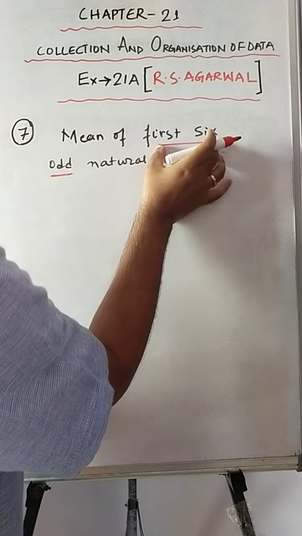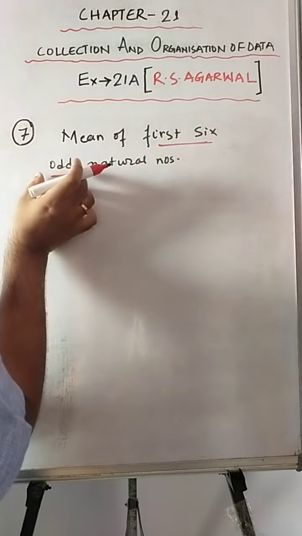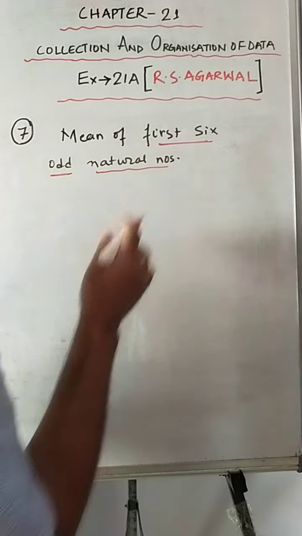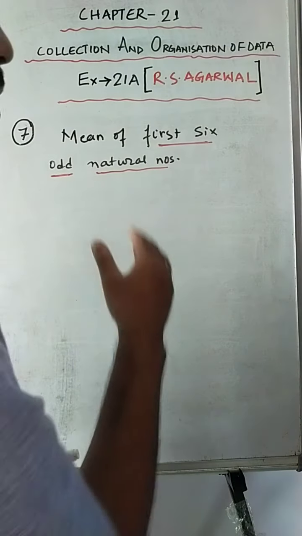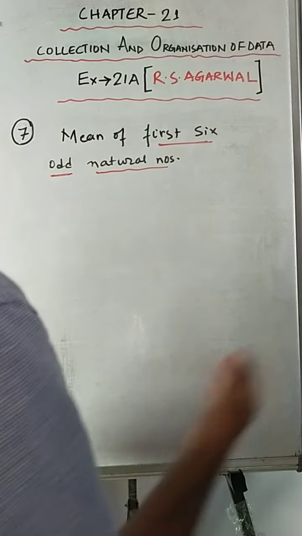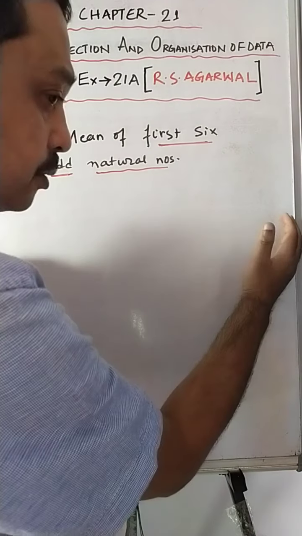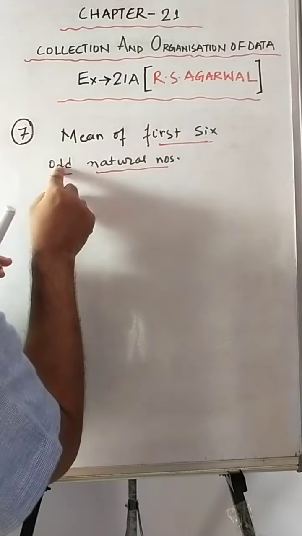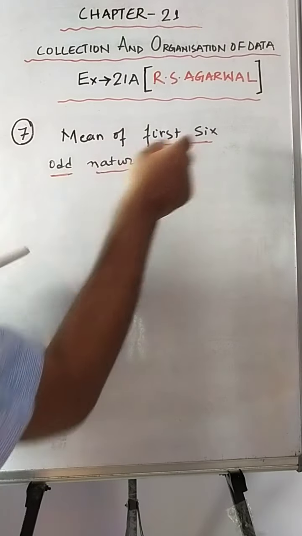How many numbers do you have to write? First 6. What kind? Odd, and they have to be natural numbers, not integers, and we know that natural numbers start from 1. There are so many natural numbers, but what are the first 6 odd natural numbers? We have to write this first.